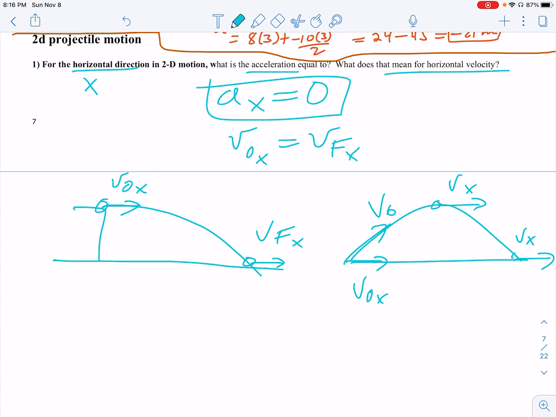So that's really an important concept. So what does it mean for horizontal velocity? It means Vx stays constant, no matter where it's at, as long as it's in the air, with no net force. We assume there's no air resistance.